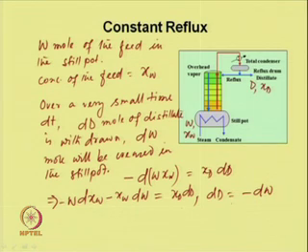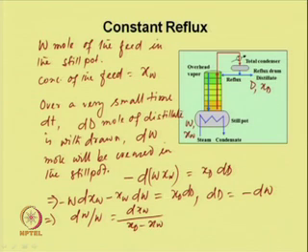So, we can substitute this over here, and dW by W would be dx w divided by x d minus x w.